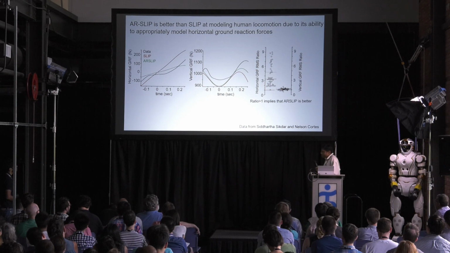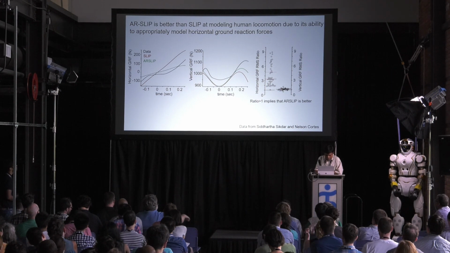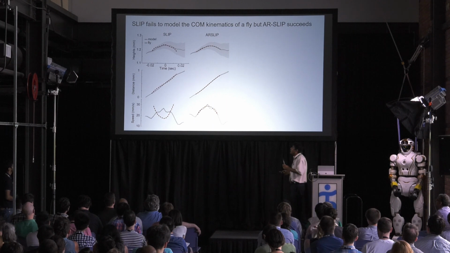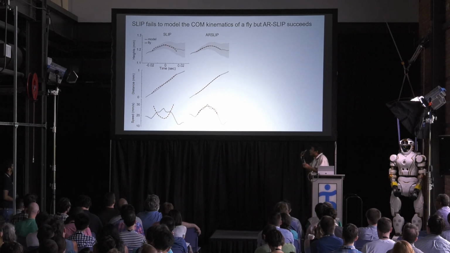Okay. All right. What about data from fruit fly? Vikas's lab has done a remarkable job. I can't even imagine how they can get to this kind of precision with flies.